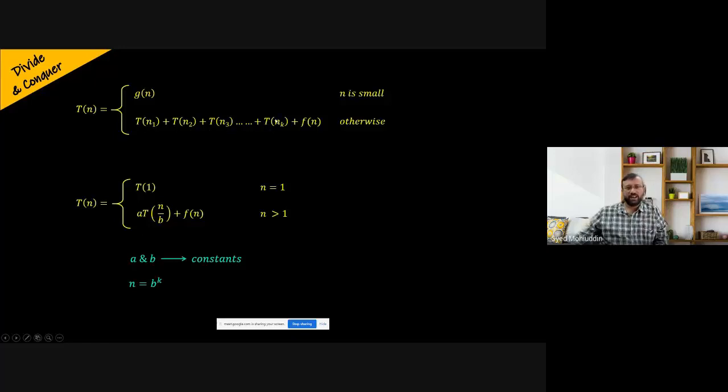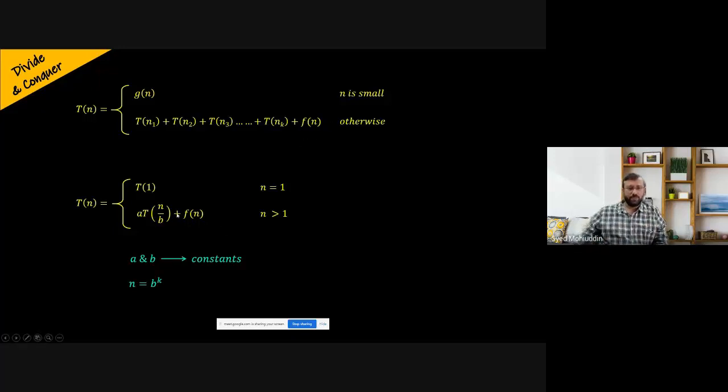So we can rewrite this entire thing as a multiplied by T of n by b, where n by b is the size of every sub-problem, n1, n2, n3, plus the remaining f of n.